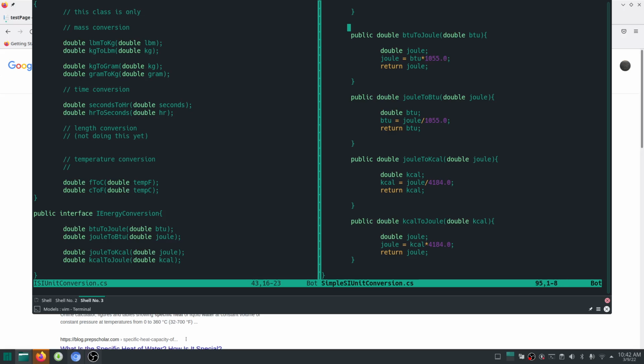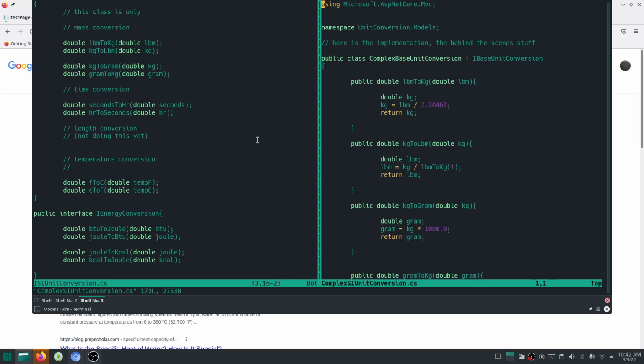But there's also a more complex base unit conversion, which I'm doing here. What's so different between the two? If you take a look at pounds to kg, I just define kg equals pounds divided by 2.20462. Whereas for kg to pounds, I did a more complicated way.